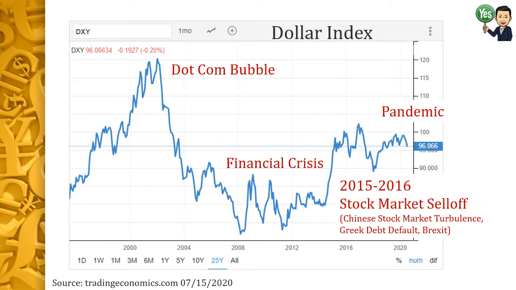When the dollar index goes up, usually people want to buy more dollars. When the dollar index goes down, which means the dollar value is going down, people want to buy other currencies. Usually when the market is risky, the dollar index goes up, like in the dot-com bubble and the financial crisis.